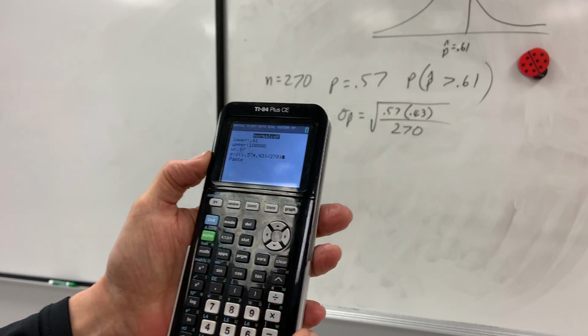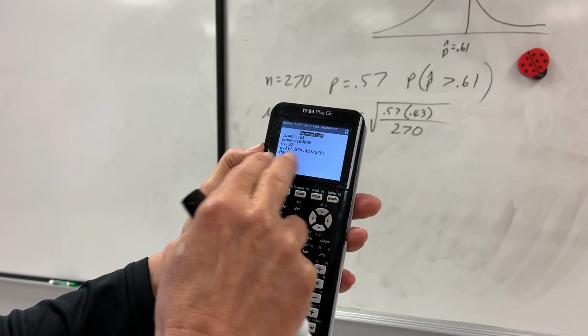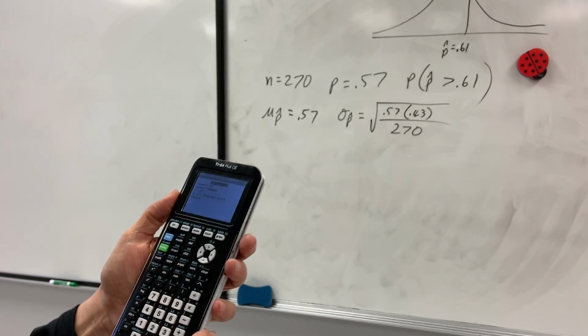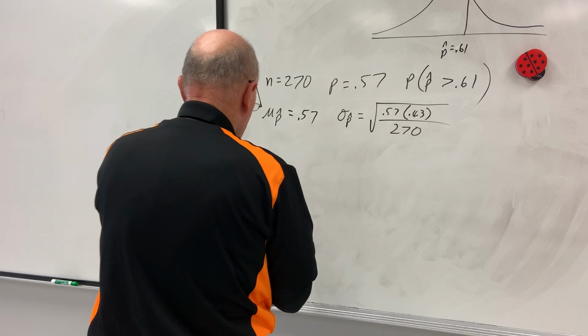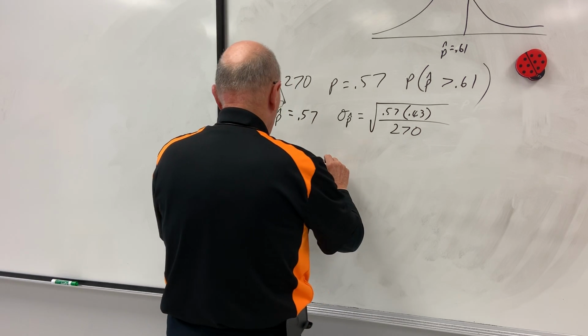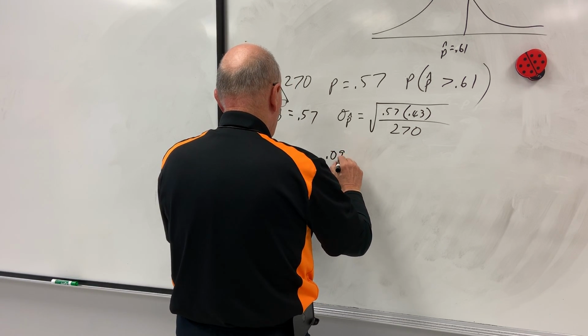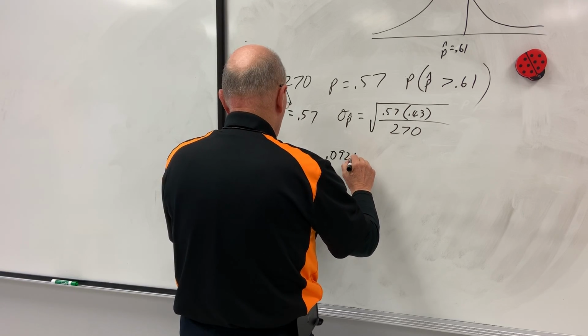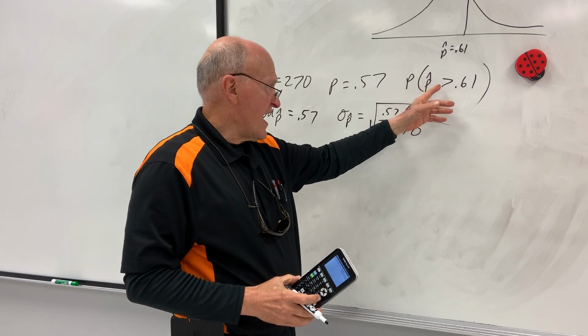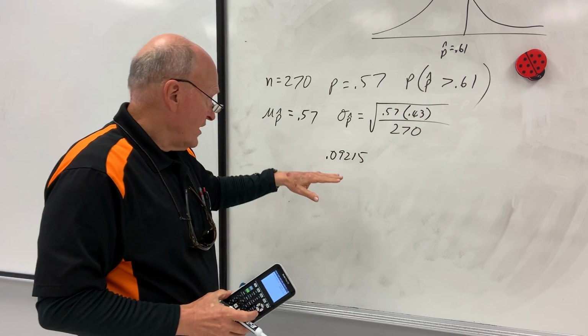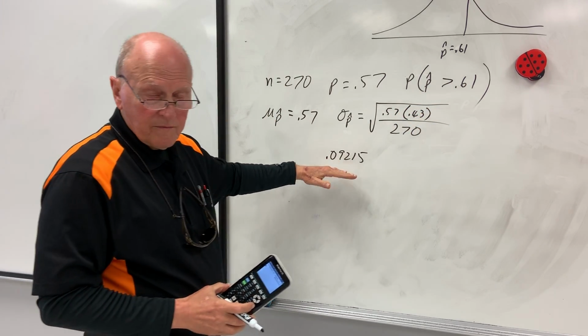So my standard deviation of p hat, I'll plug it in like so. All right, I'm going to hit enter, enter, enter, and I come up with an answer of 0.09215 and so forth. So the probability that p hat is greater than 0.61 is this thing right here.